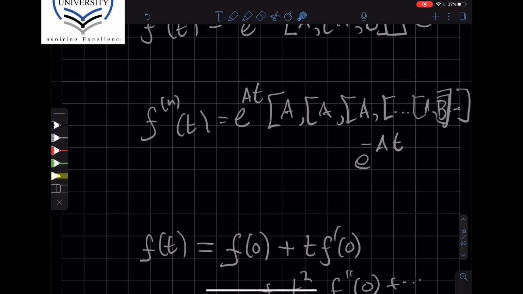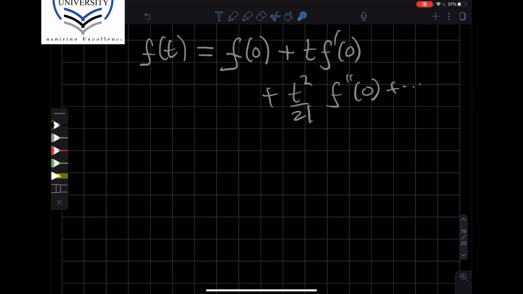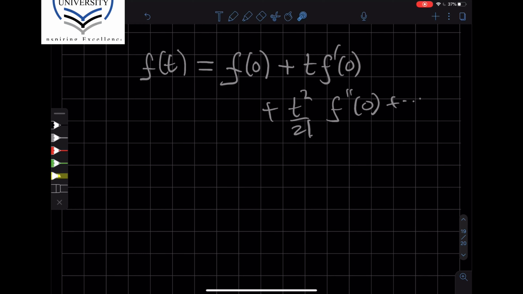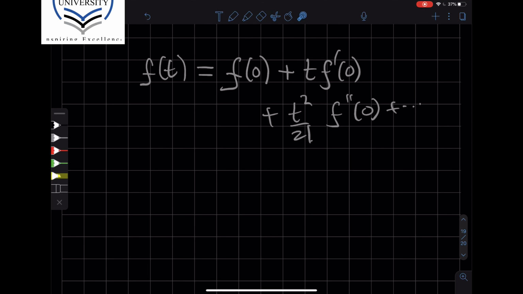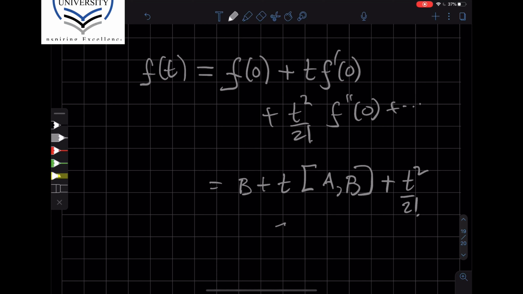For higher derivatives, these exponential factors vanish and all we're left with are commutators. So the first term will be b, the second term will be t times the commutator of a and b, and the third term will be t squared over factorial 2 times the commutator of a with the commutator of a and b, and so on.